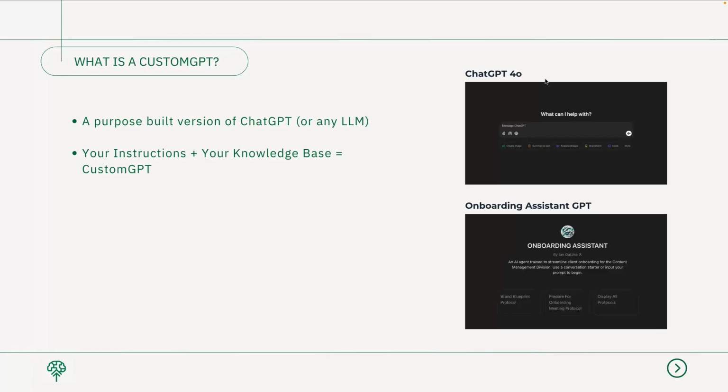It's the Amazon, it's the YouTube, these agents that are built to do very specific tasks aligned with your preferences. To build them, you pair your instructions, how you want it to behave and what you want it to do, with your knowledge base, meaning the context, the information, the files that you want it to reference when generating an answer, and that will generate a custom GPT. It's a simple little formula there.